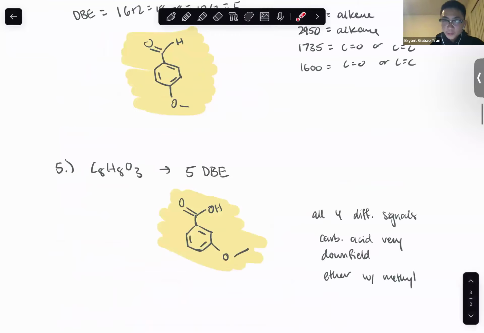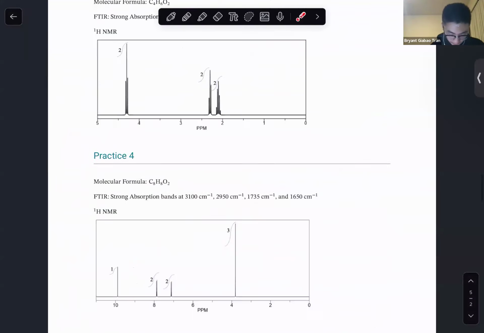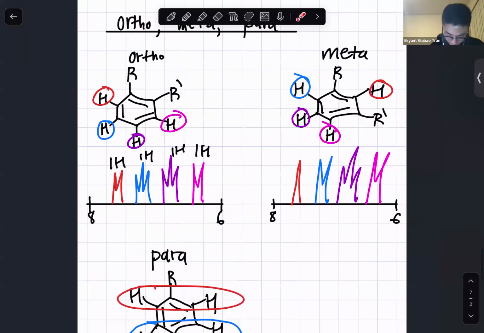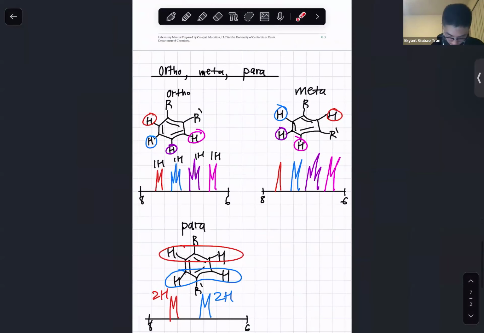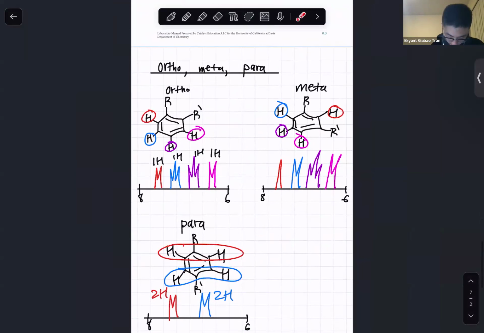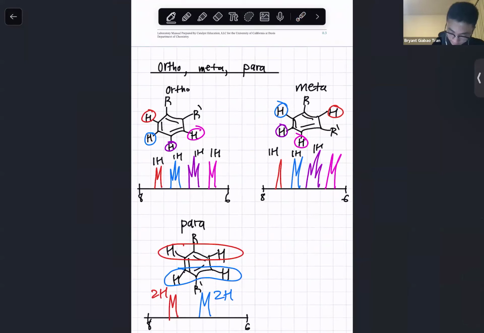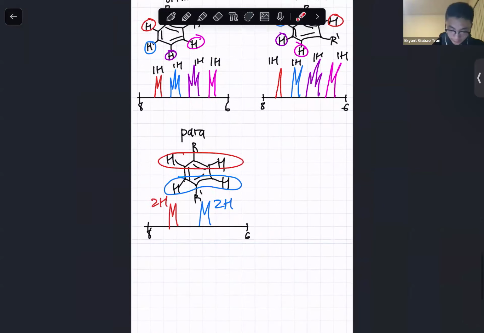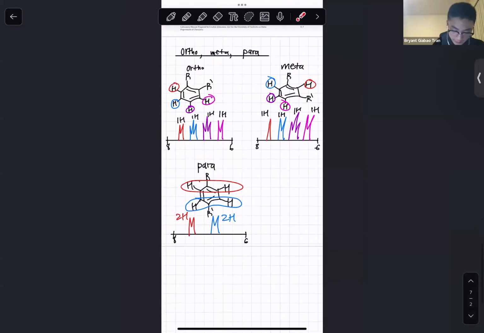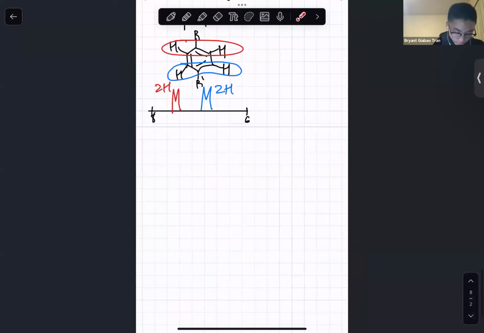Oh yeah, going back to the ortho meta para stuff. For the meta pattern, all of these peaks represent one hydrogen because there are no other identical hydrogens. But for the para one here, there are 2 hydrogens. Another important thing is that a benzene ring does not have to have ortho meta para.